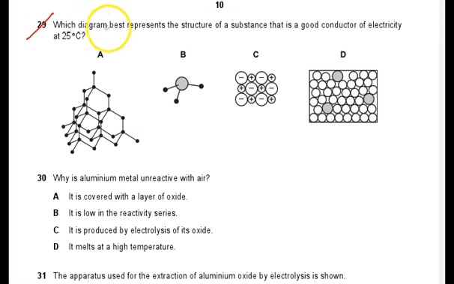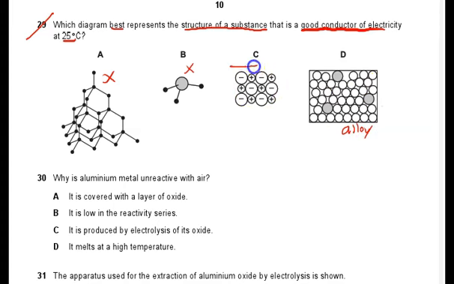Okay, 29. Which diagram best represents the structure of a substance that is a good conductor of electricity at 25 degrees Celsius? This is a diamond shape, so it's wrong. This is a molecule, so it cannot be, because to conduct electricity you need to have free electrons. Okay, free electrons. Now if you look at here, this is an alloy, because they have a mixture of atoms.